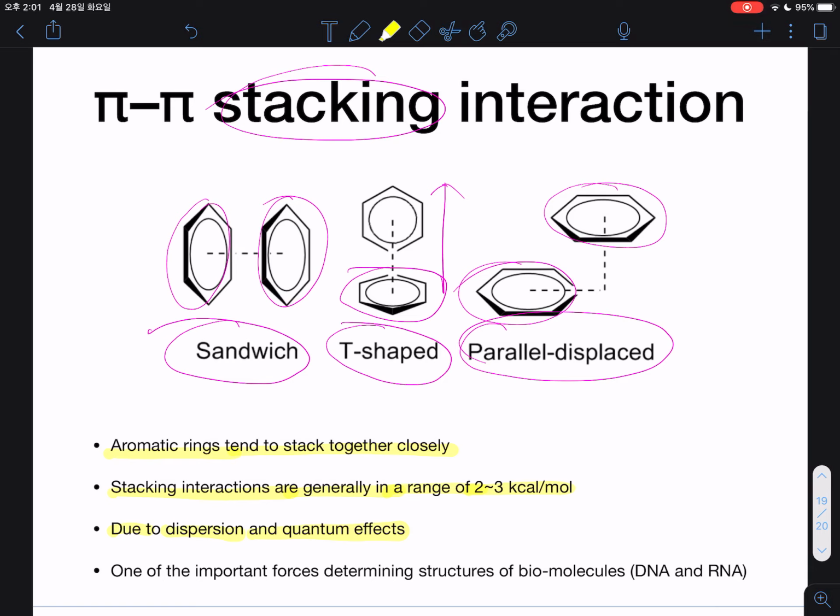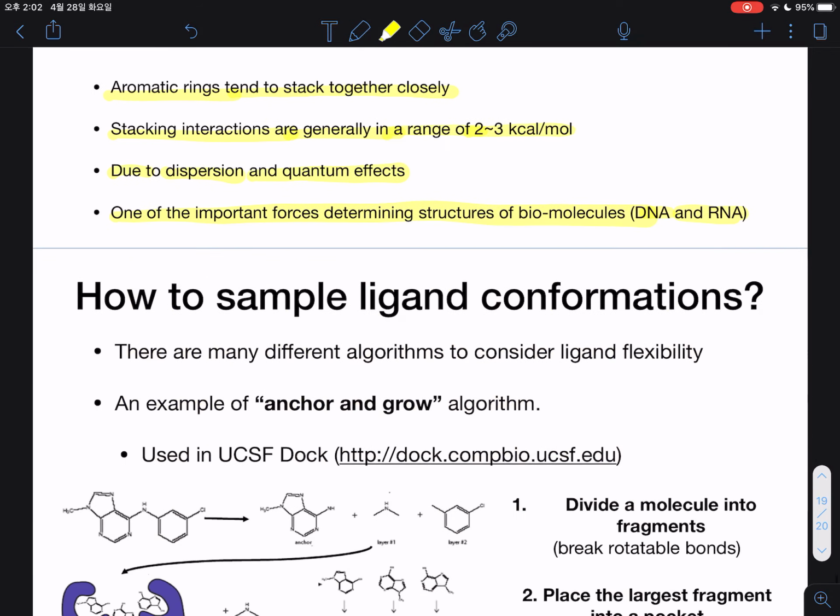But phenomenologically, it is clear that two aromatic rings attract each other. So this pi-pi stacking interaction is one of the most important forces determining the structures of biomolecules such as DNA or RNA.